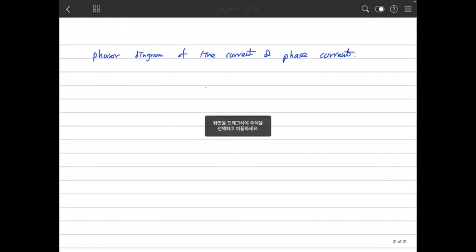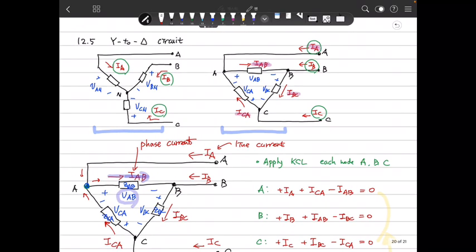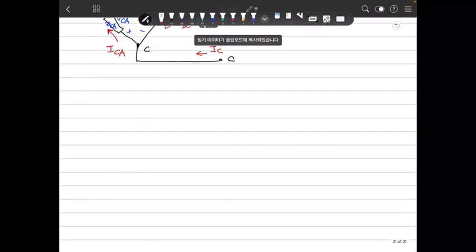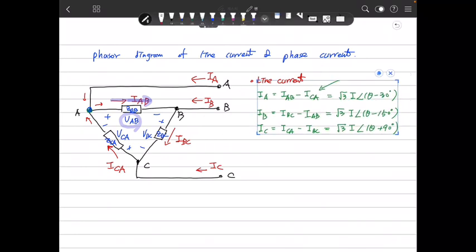If we balance it like that, the phase currents and line currents are as shown.